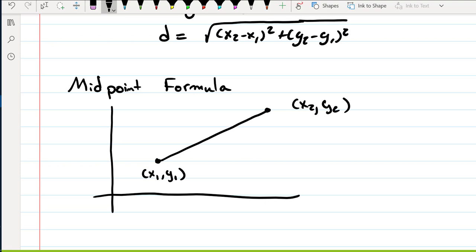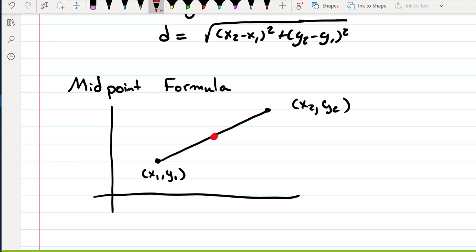Well, if I want to find the midpoint, that's going to be the point that divides that line segment in half. Well, how could I find that? Well, let's argue by analogy using a simpler problem. If I asked you, well, what's the number halfway in between 6 and 10? Well, how would we get that? Well, the number halfway between 6 and 10 is 8. But how did we get that?